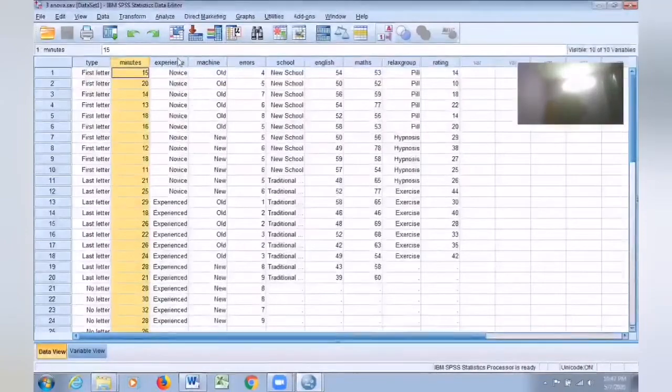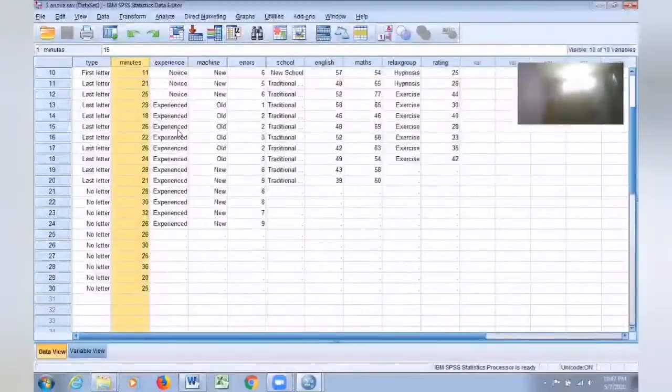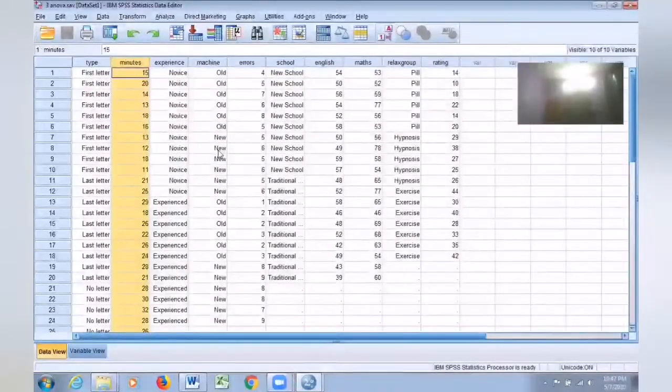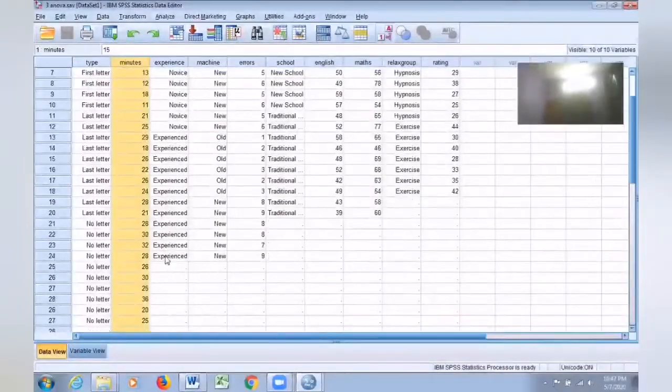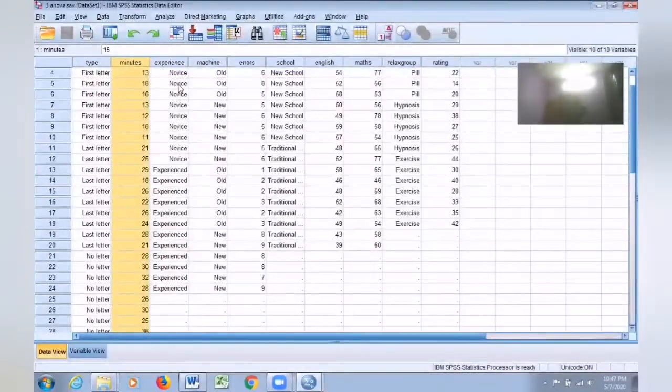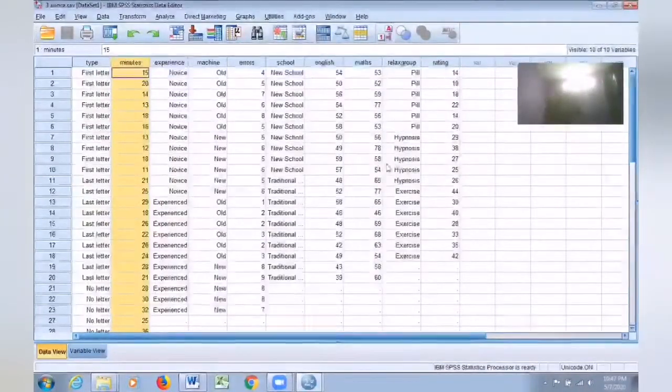See, for example, I have taken two independent variables. What are they? One is experience. For example, I have taken 24 respondents who are working in a factory. Out of them, 12 have experience and 12 do not have experience. So this is one independent variable: experienced employees, non-experienced employees.